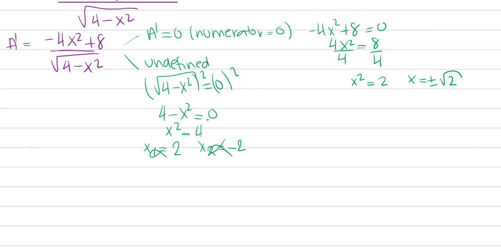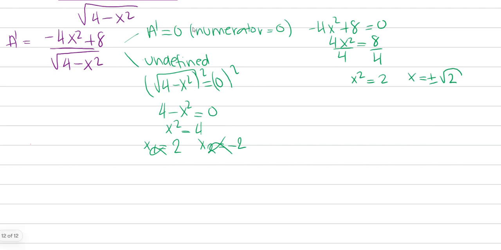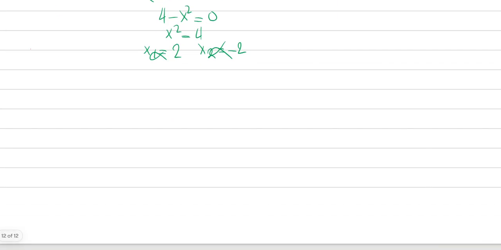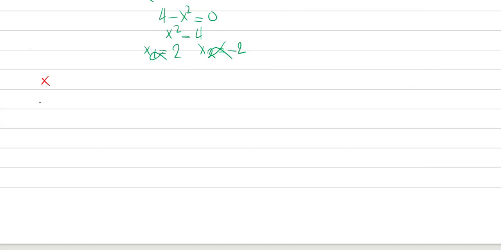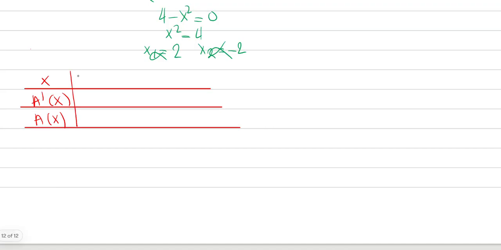Okay. So now I need to draw my table. Let me start. I have my x, I have my A prime of x, and I have my A of x. Let me just fix my table first. I have my domain from 0 to 2, and I have my radical 2 here.